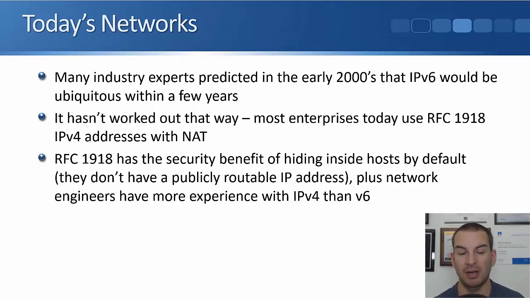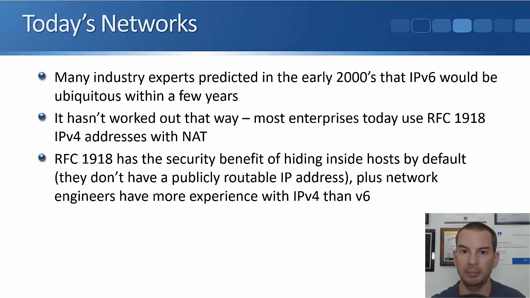Reasons for this are RFC 1918 actually has a security benefit of hiding your inside hosts by default, because those private IP addresses are not routable on the internet. If you send traffic to a private IP address and it gets out to the internet, the router is just going to drop that traffic.